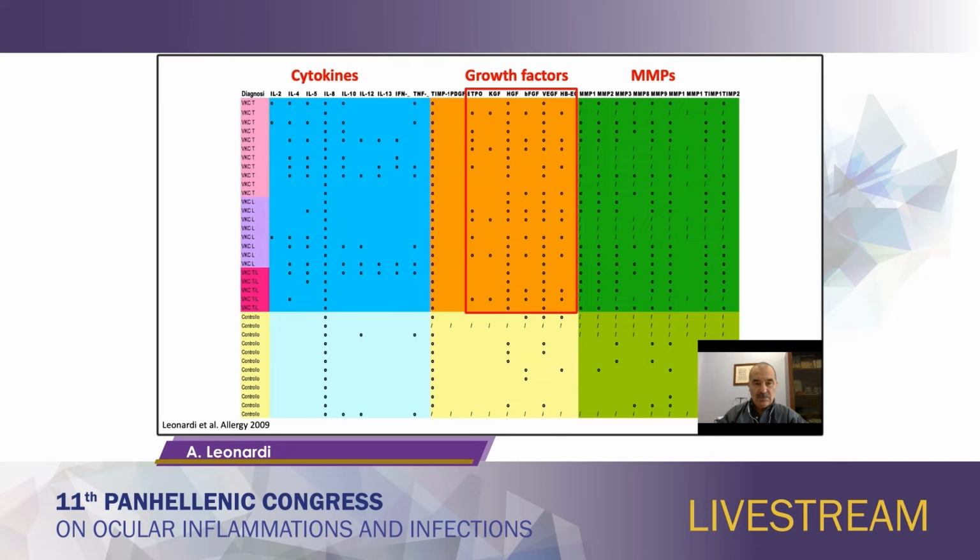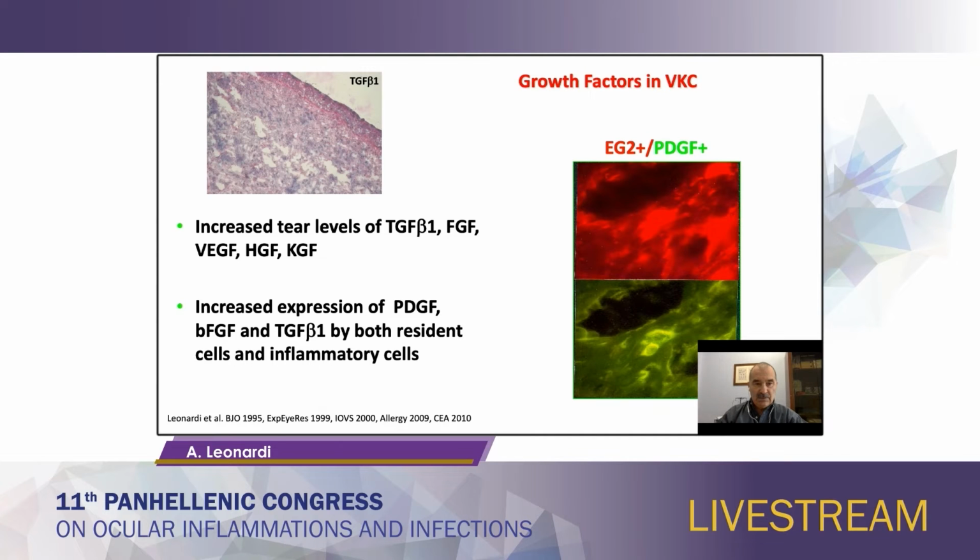We found, using a multiple assay of factors in VKC, that several growth factors are also overproduced, at least in VKC. Of these growth factors, TGF-beta1 is definitely the most important one related to collagen production, but we also found increased expression of PDGF, FGF, and VEGF as well.